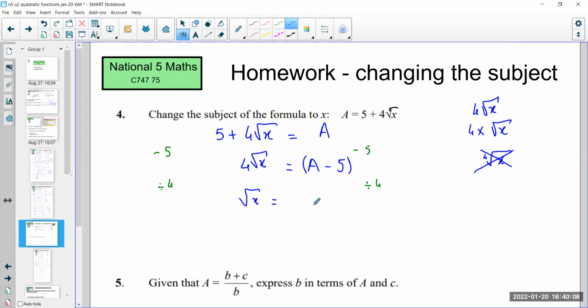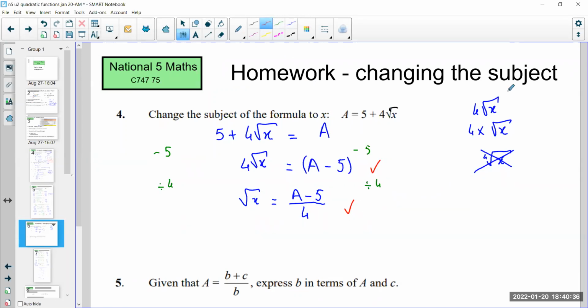I get root x equals a minus 5, and I'm going to put it with a big fraction bar, divided by 4. 2 marks. If you stop here, you've passed that question because it's 2 out of 3.